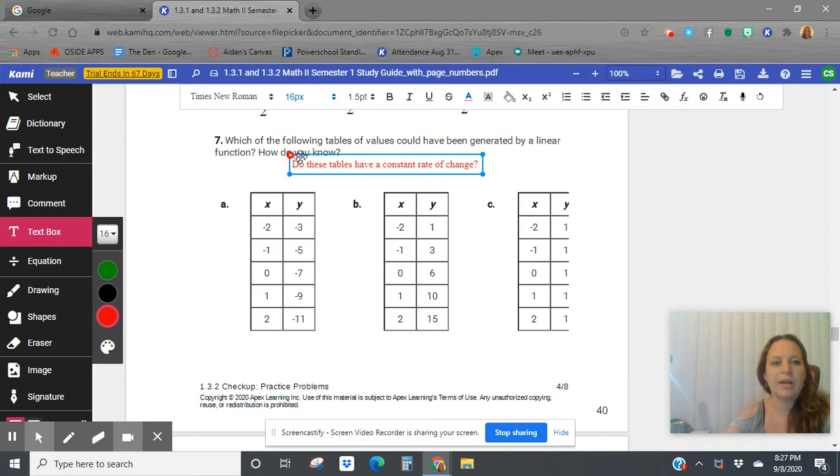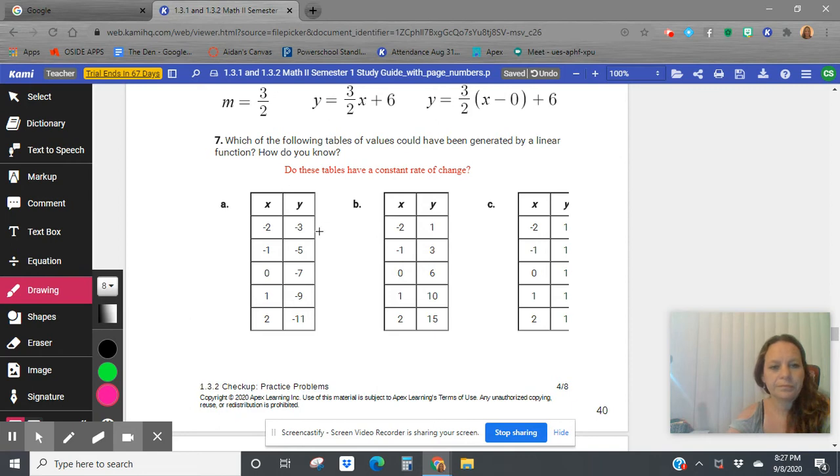Is the question that we're asking ourselves. So starting with this first one, going from -3 to -5, going from -5 to -7, etc. This would be a change of -2. Your change in y is -2.